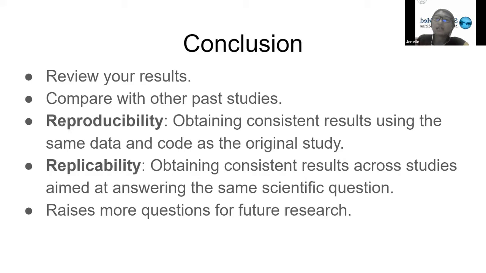If they get that same exact result that you did, then that would indicate replicability. However, sometimes something may be reproducible in one lab, but not necessarily have the same results in other labs, in which case it wouldn't be considered replicable because the other research team is not getting the same consistent results as your team.